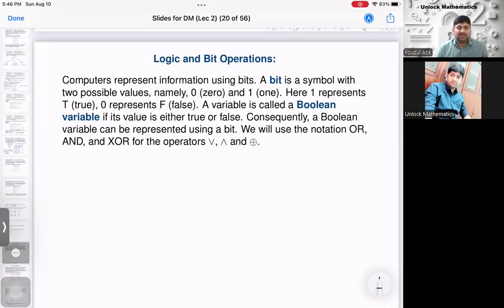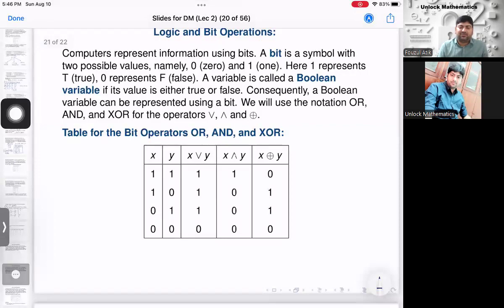You also call them Boolean variables. They have either of two values, true or false. So the same thing will work here as well. All the formula rules will be similar. 0 and 1 will be replaced by F and true respectively. Then AND, OR and XOR operators are the same.